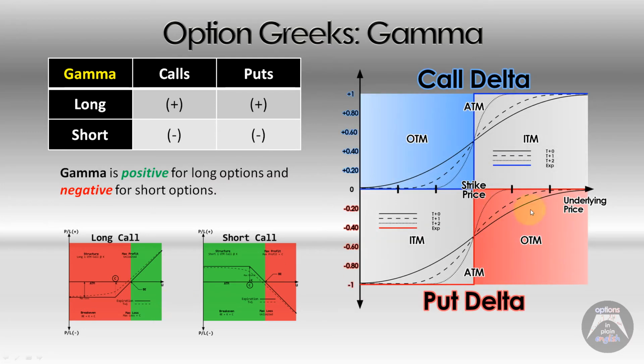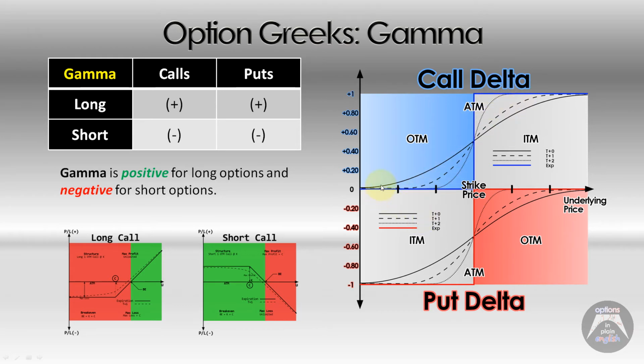If you think about the delta, this is the graph that we analyzed in the Option Greeks delta lesson, where you have the passage of time reflected in these curves. You start with the solid one, then you go to the dashed one, and then you go to the dotted one.